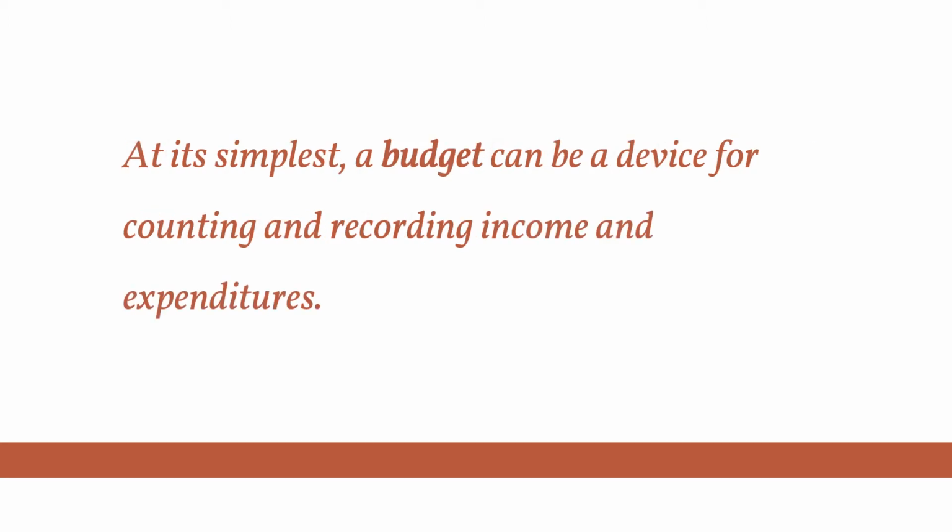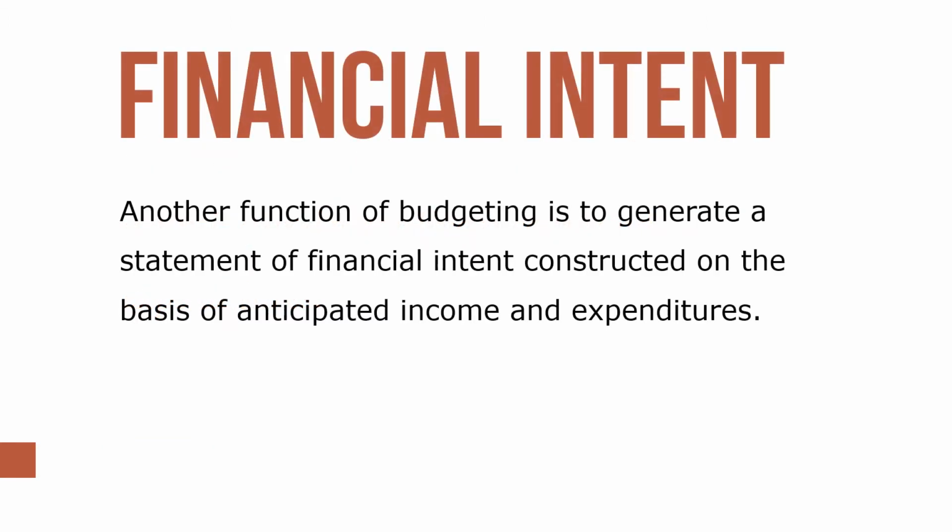At its simplest, a budget can be a device for counting and recording income and expenditures. Many fiscal and other public policy functions also can be served through budgeting, some or all of them simultaneously. Another function of budgeting is to generate a statement of financial intent constructed on the basis of anticipated income and expenditures.